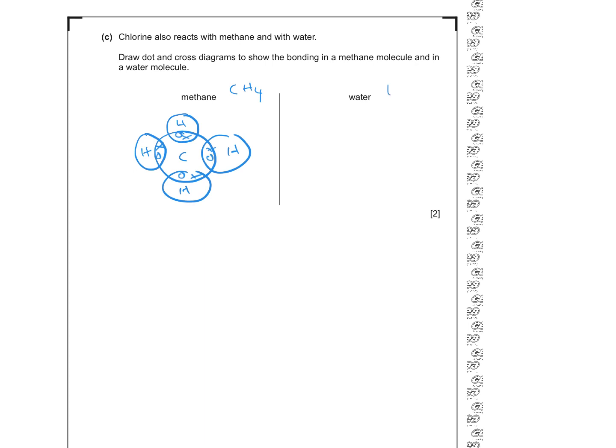Water, which is H2O, so there's 1 oxygen and then 2 hydrogens. Oxygen has 6 in the outer shell. Again, there would be 2 electrons in the inner shell, but I'm not going to draw those.